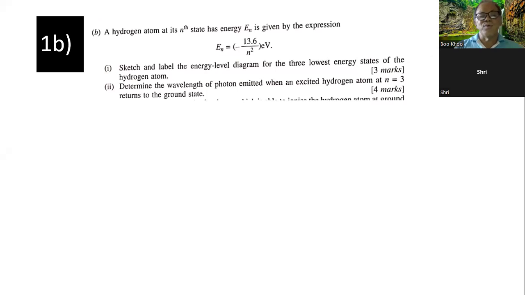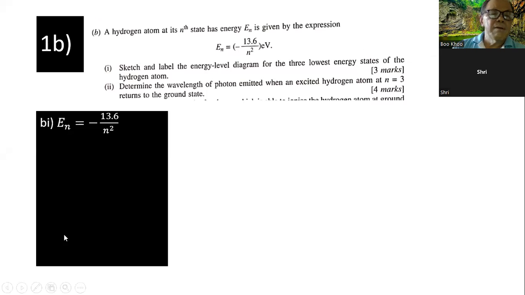Yeah, they're very kind to you. Sketch the energy level diagram for the 3 lowest energy states of the hydrogen atom. I should be able to sketch that. You can mark yourself. You have to calculate because they have given you the formula. 3 marks, they expect you to calculate the 3 energy levels.